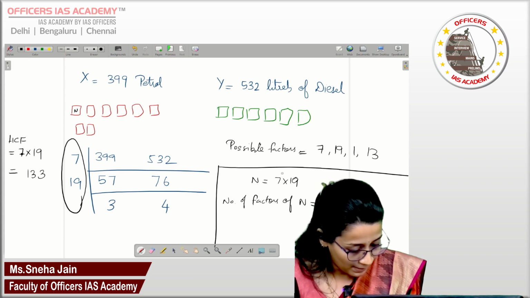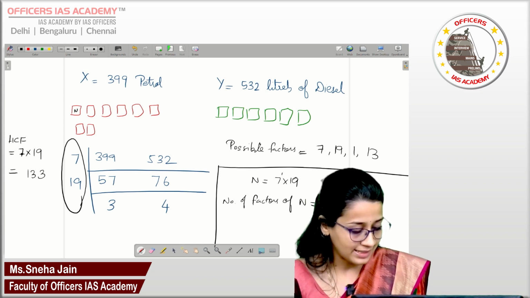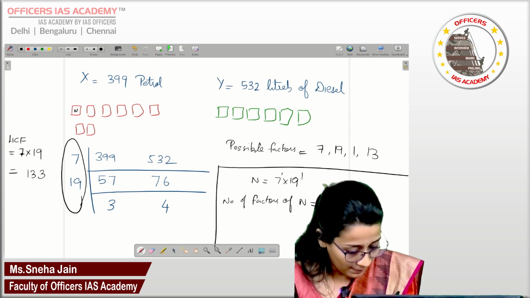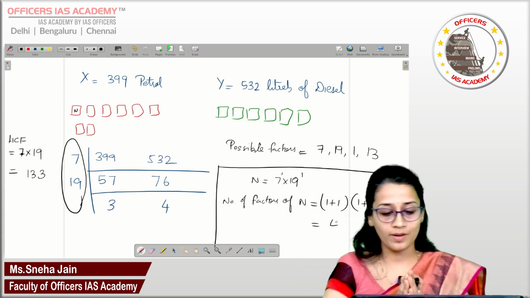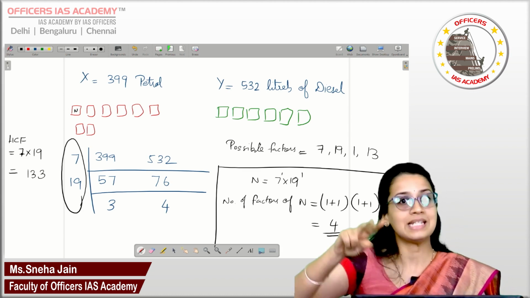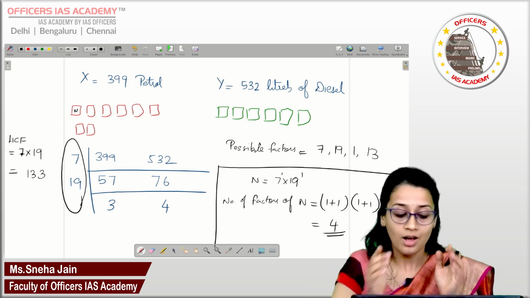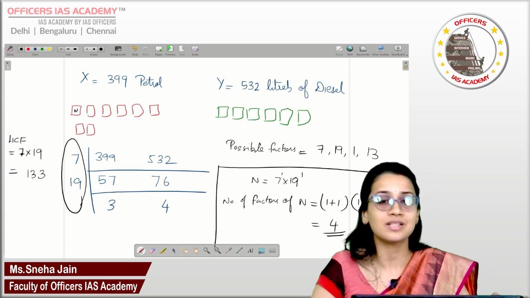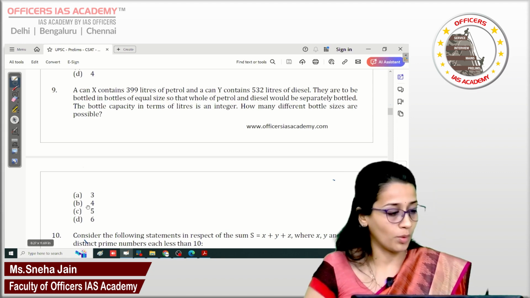So 1 plus 1, into, what is the power of 19? 1. Another 1 plus 1. So it's 2 into 2, 4. So your answer, either you write down the possible factors from this 7, 19, 7 into 19 and 1, or you can also find out using the formula how many factors are there for this HCF. So your answer is 4, option B.